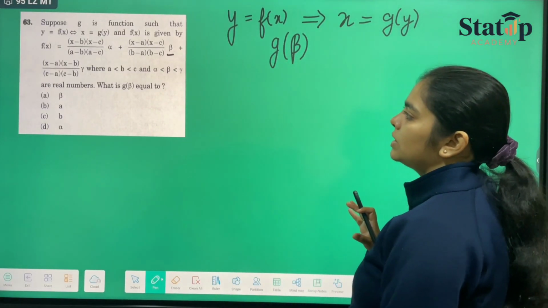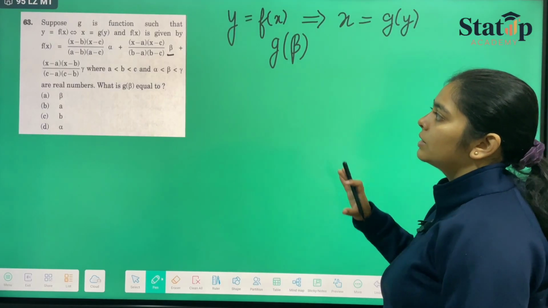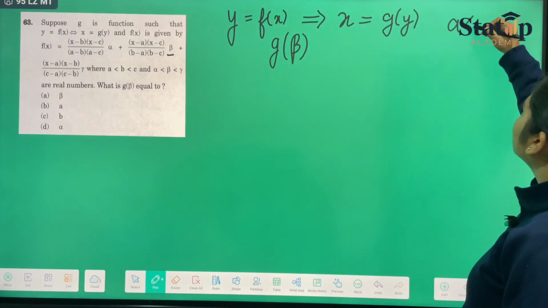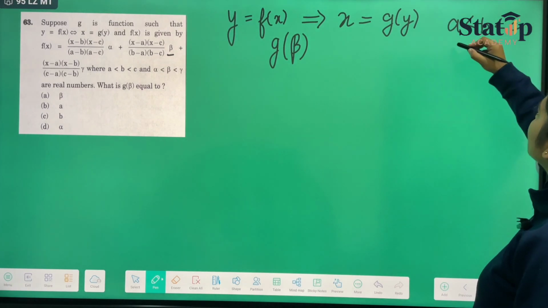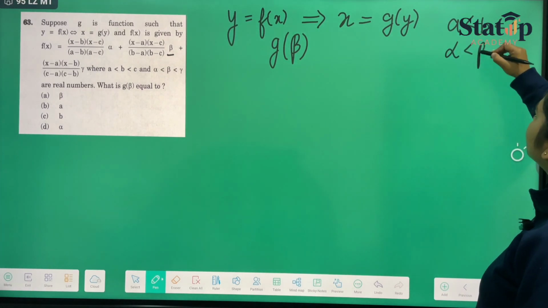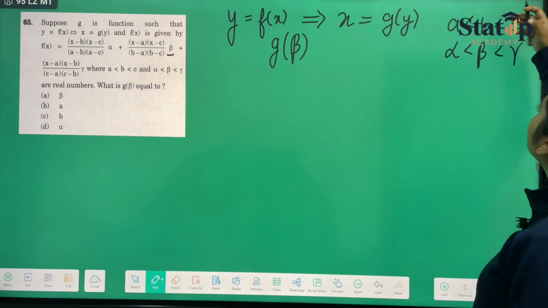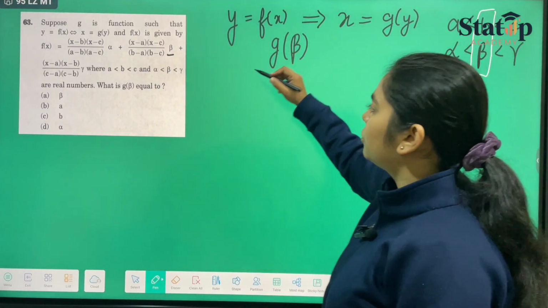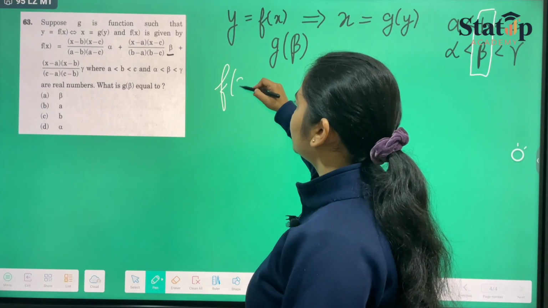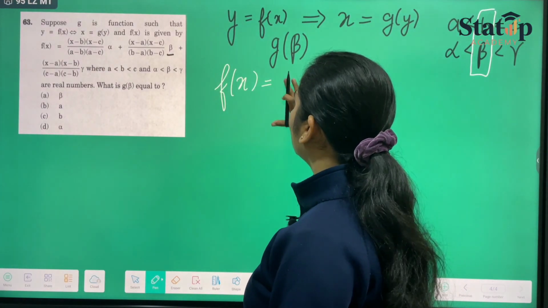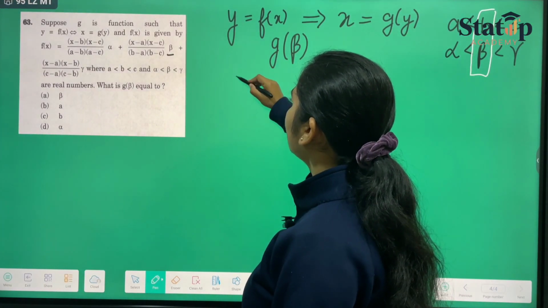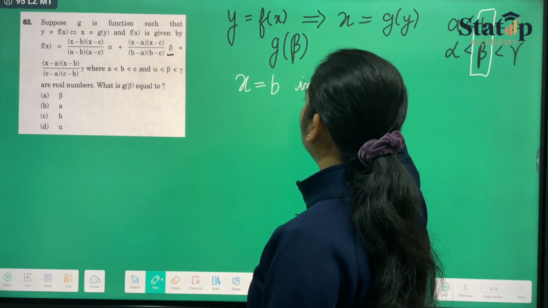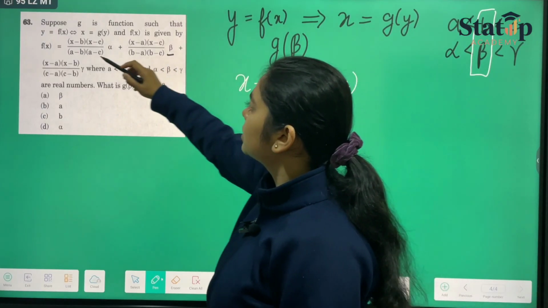So to calculate this, we have to see that beta corresponds to A, B or C. Alpha, beta, gamma. So beta corresponds to B. So we should put x equal to B in the fx formula, which has been provided to us here.